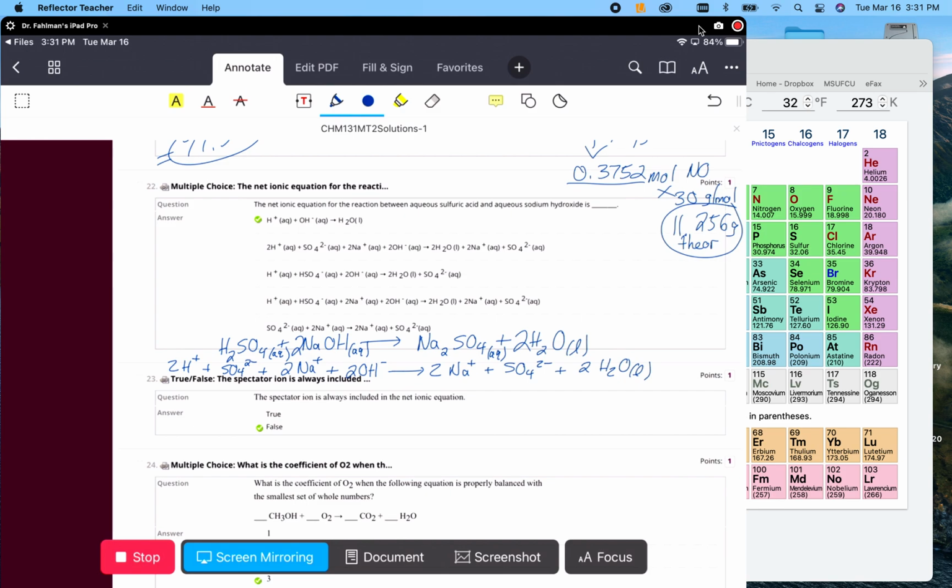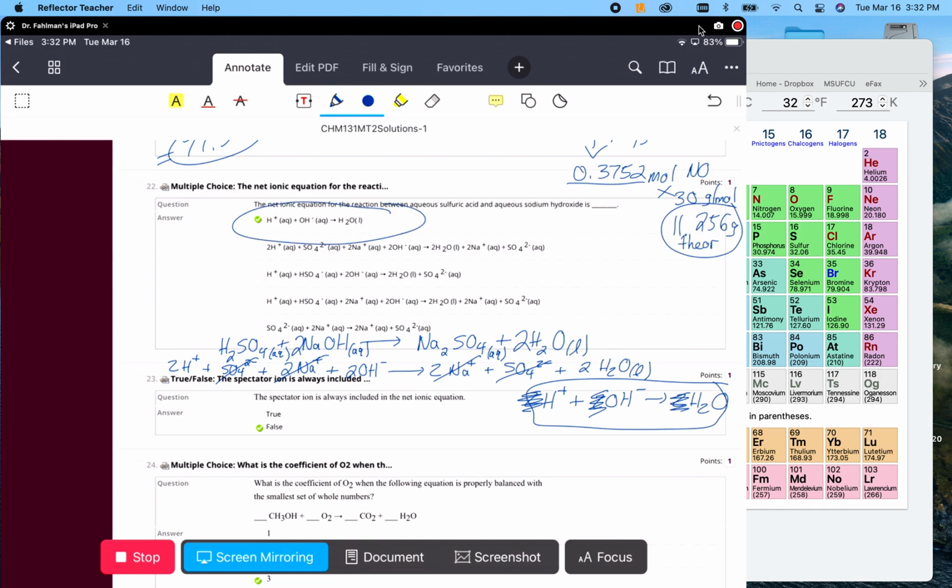Now we can cancel the sulfate, and we can cancel the sodiums. What you end up with is 2H plus 2OH minus gives you 2 waters. That's not one of the answers, but if you divide everything through by 2, that is an answer.